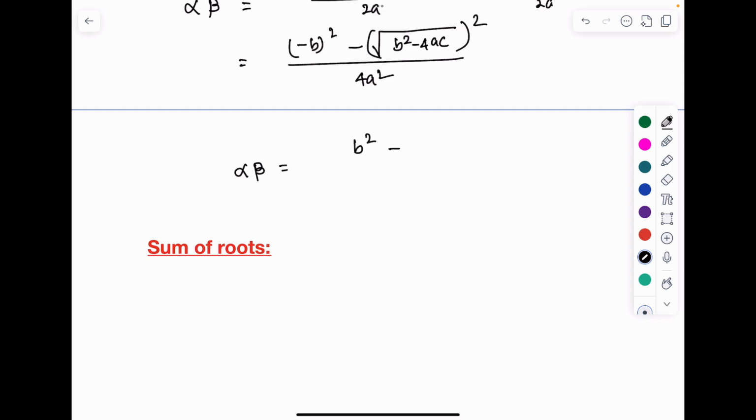And alpha beta is equal to b square minus, b square minus 4ac, divided by 4a square.